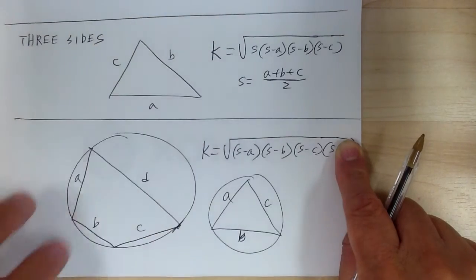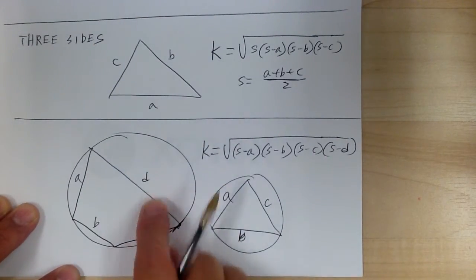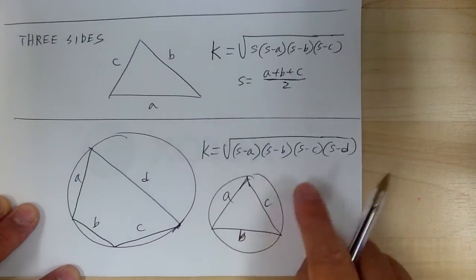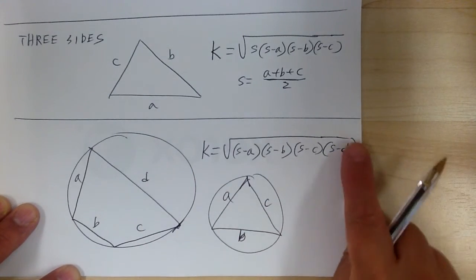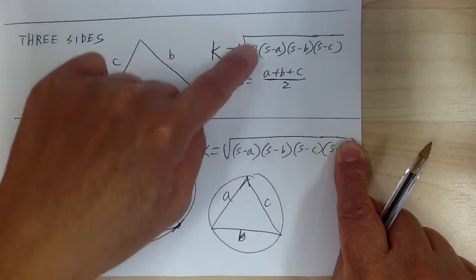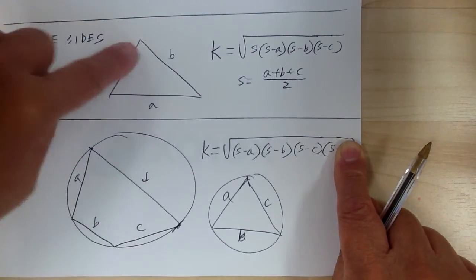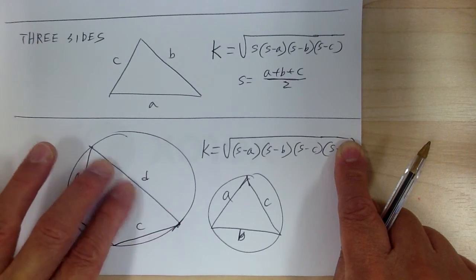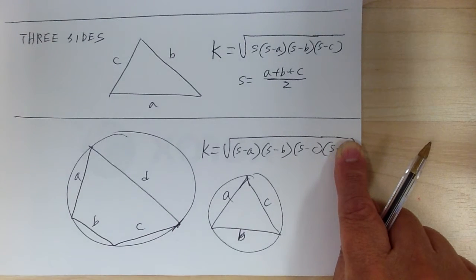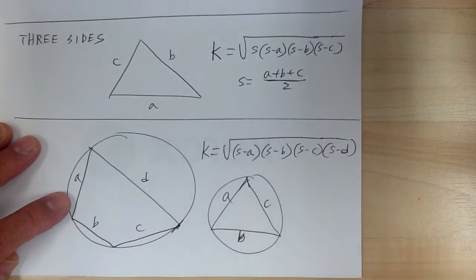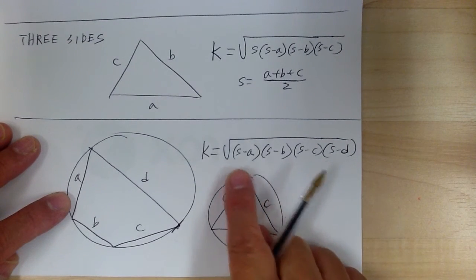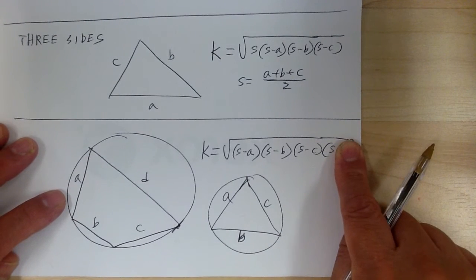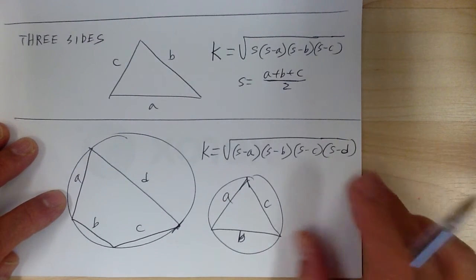So this formula actually is for a quadrilateral inside a circle, but you can apply it to a triangle, because for a triangle, D equals 0. And so you get that. Again, a triangle is when you have a quadrilateral and D equals 0. So again, it's very easy to remember if you remember the pattern, right? S minus A, minus B, minus C, minus D, but D equals 0, so you get S. And it's very easy to memorize.